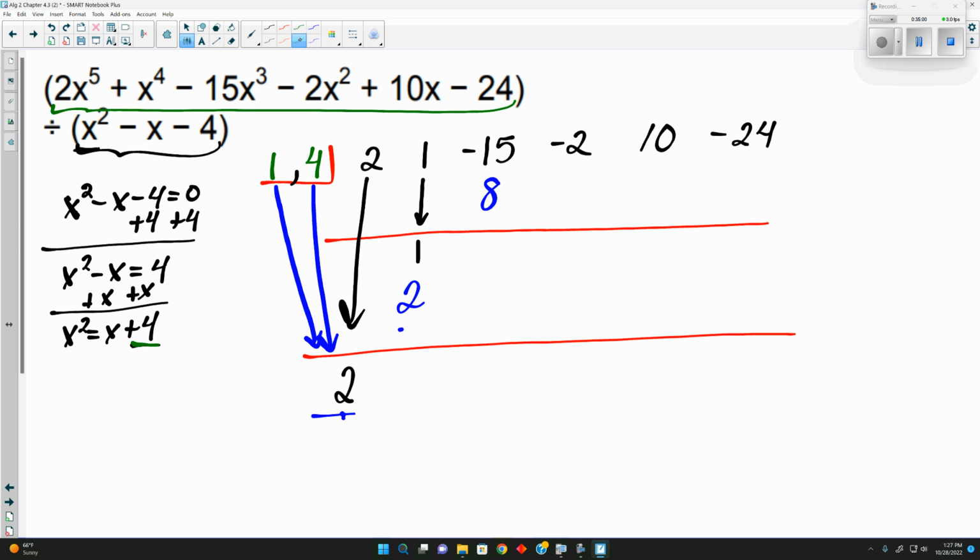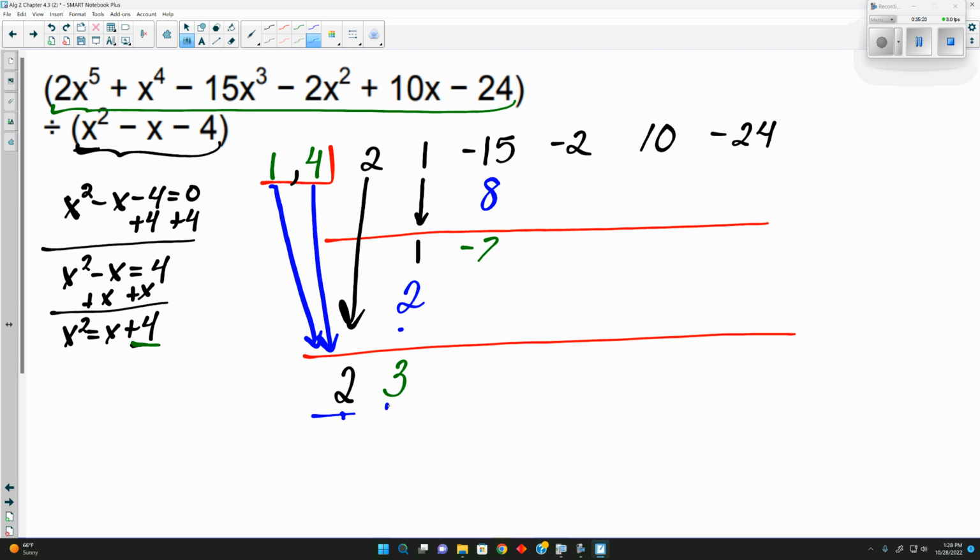And now we add straight down. So we do here 1 plus 2 is 3. Up above, negative 15 plus 8 is negative 7. Questions on this here? Well, we do it again.